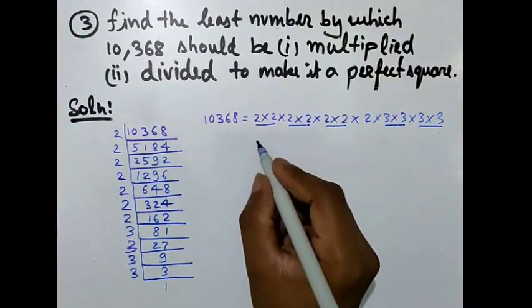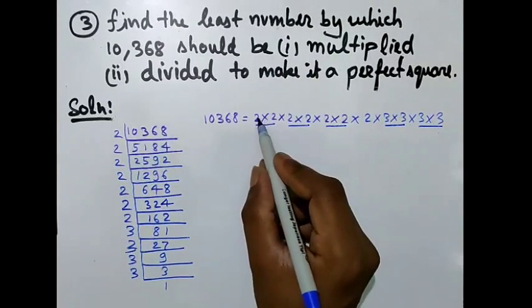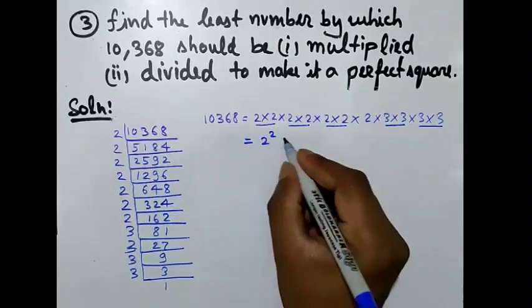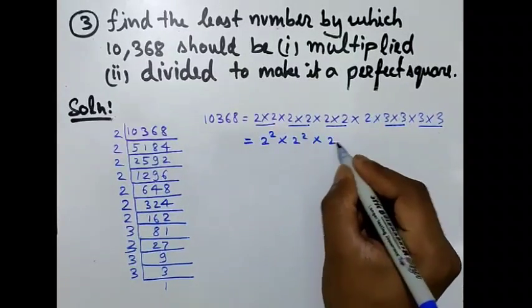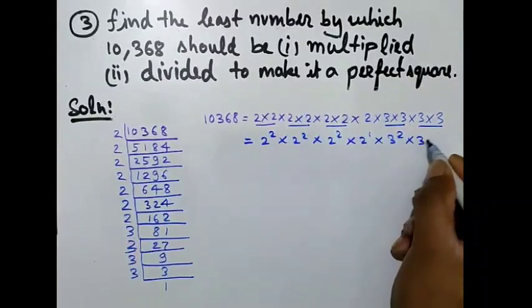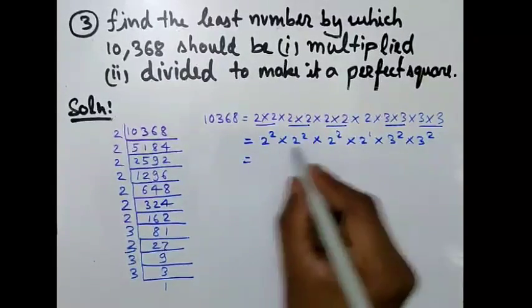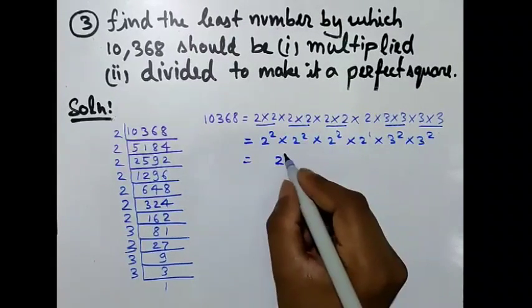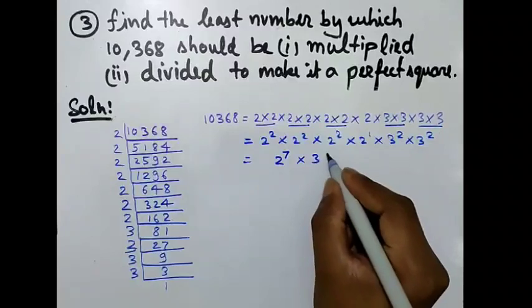Now let's write it in the form of exponents. So 2 square multiplied by 2 square multiplied by 2 to the power 1, 3 square and 3 square. So if I write all the exponents together for 2, it will be 2 to the power 7 and 3 to the power 4.